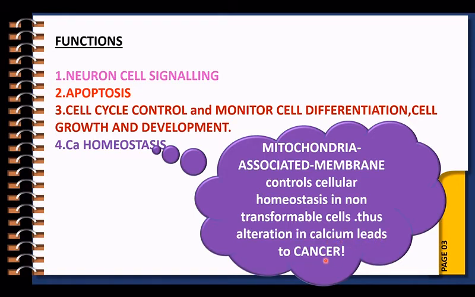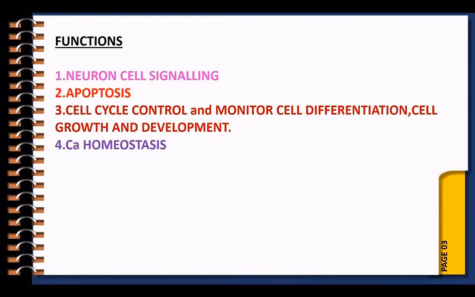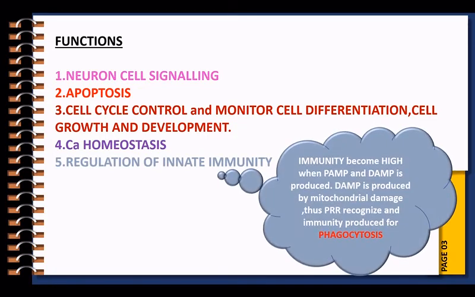And next, regulation of innate immunity. Immunity becomes high when PAMP and DAMP are produced, that is pathogen associated molecular pattern, which is present in the pathogen, and damage associated molecular pattern, which will be present in the damaged cell mitochondria. When DAMP is produced by the mitochondrial damage, what happens?